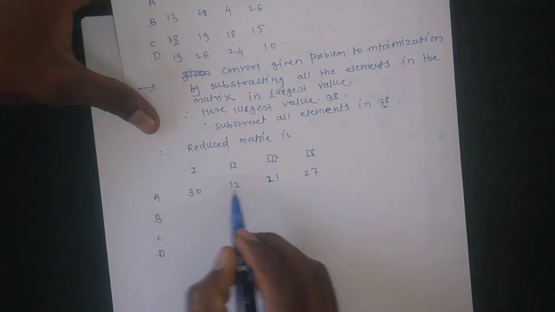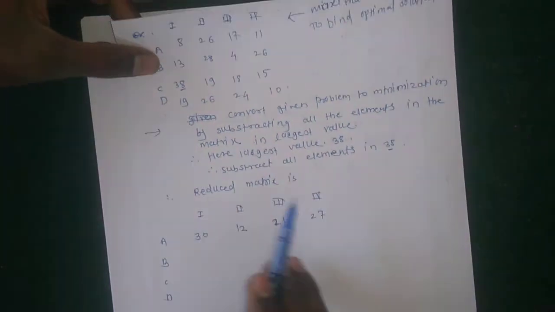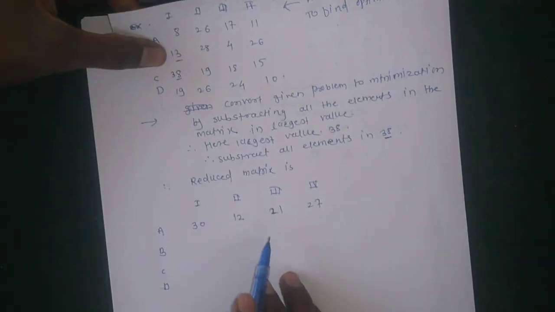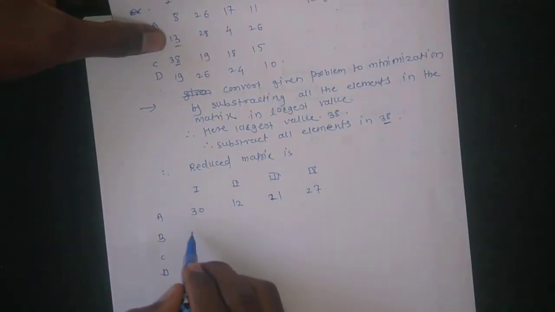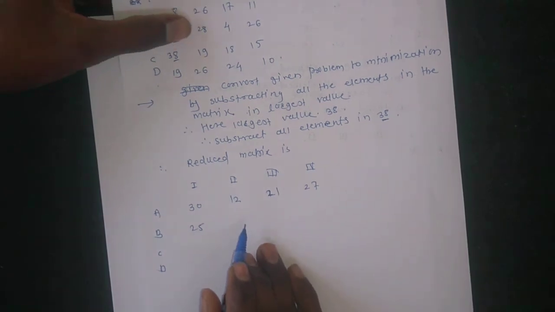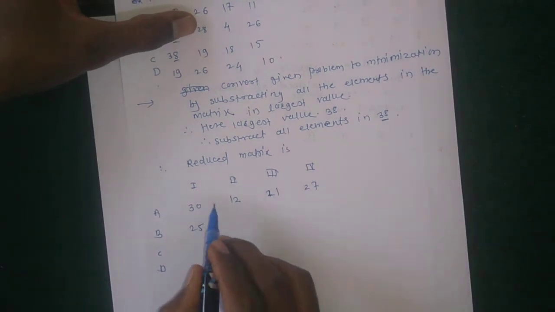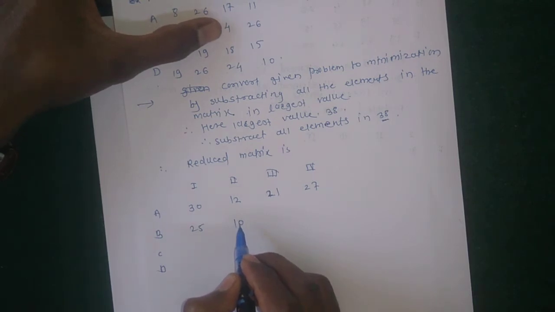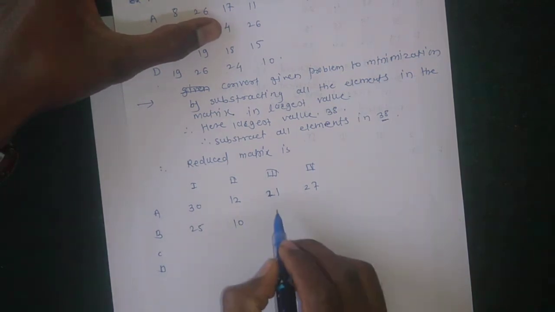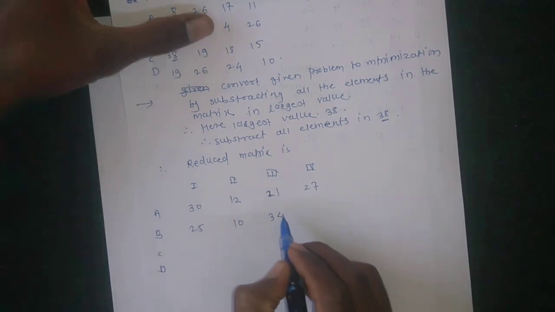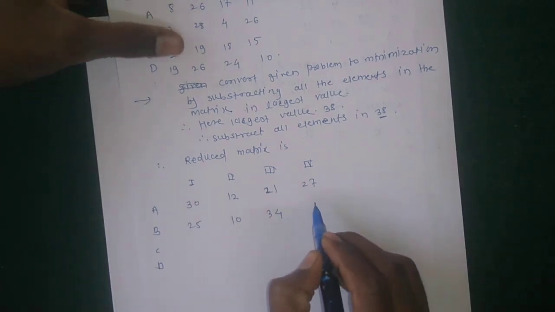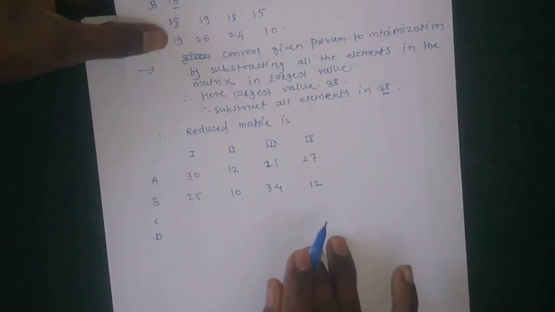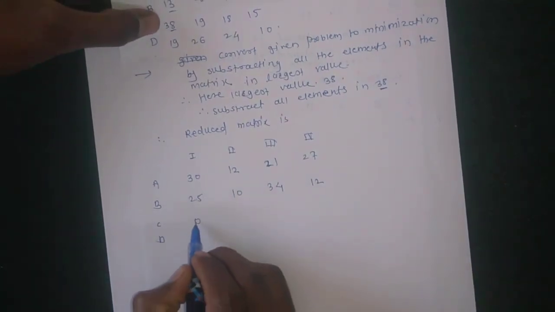Then 38 minus 13, remaining 25. Then 38 minus 28, remaining 10. Then 38 minus 4, remaining 34. Then 38 minus 26, remaining 12. 38 minus 38 is 0.